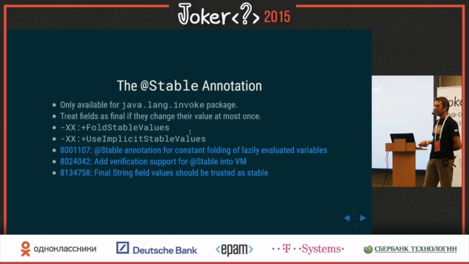The problem is if 0 or null is a valid value of your field and you initialize it with this value, the JIT won't be able to optimize it because it thinks it hasn't been initialized until now, and so it still accesses this field. So these optimizations don't always help. You have to think about something else.